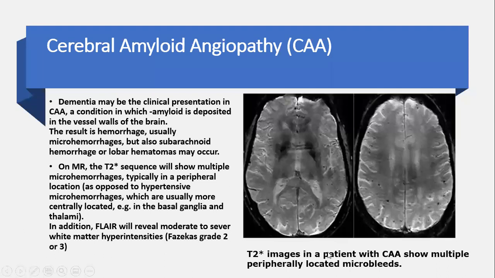In addition, FLAIR will reveal moderate to severe white matter hyperintensities, Fazekas grade 2 or 3. As we see here in this photo, we have multiple peripherally located microhemorrhages in T2 star images in a patient with cerebral amyloid angiopathy.